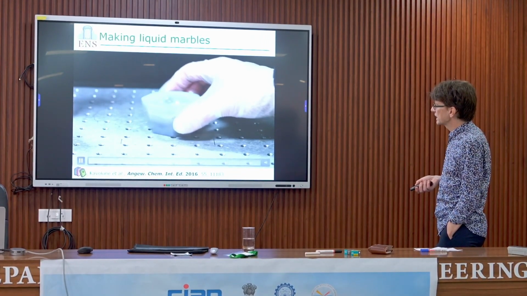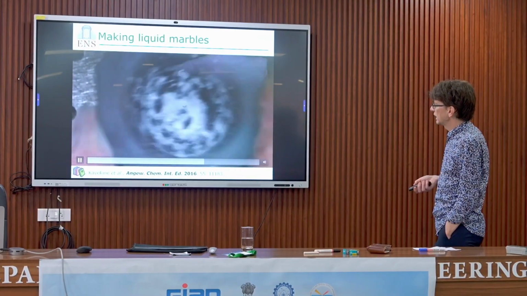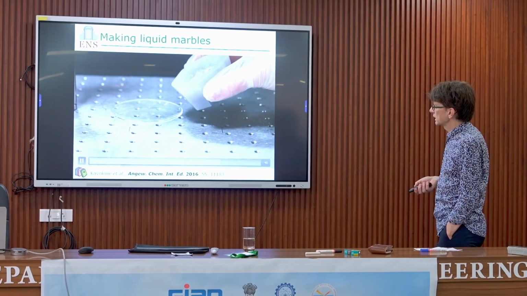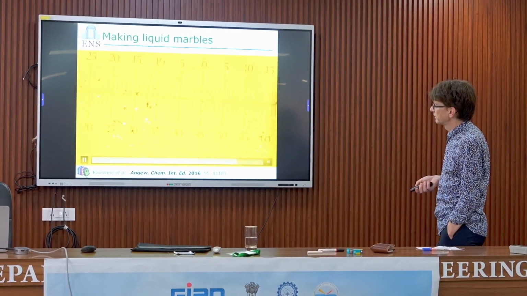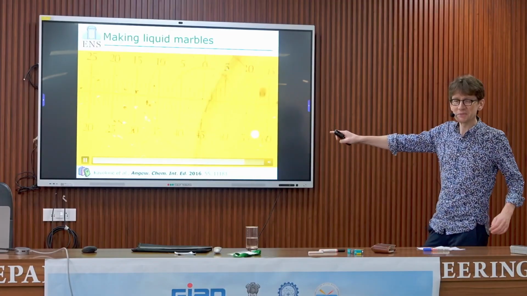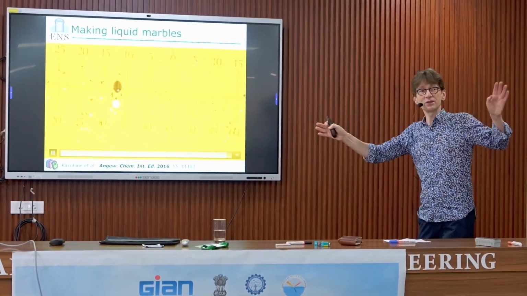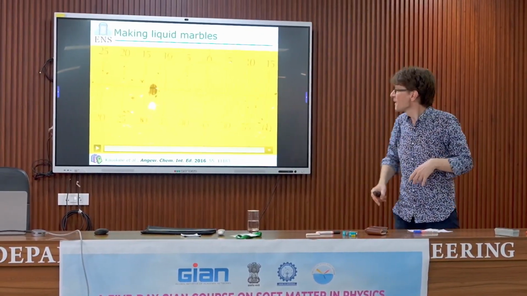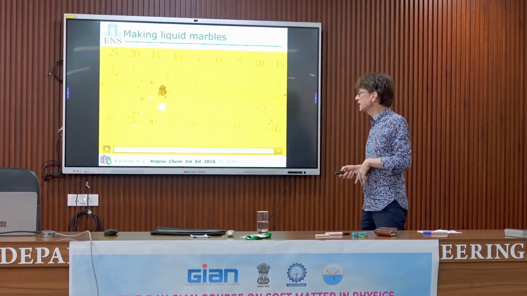You do this, and then you transfer this little guy like here. And this is my little liquid marble. You see, it's very dirty, okay. We were super happy. For you, it's very normal, but at that time, we were so happy to have a liquid marble floating on the surface.